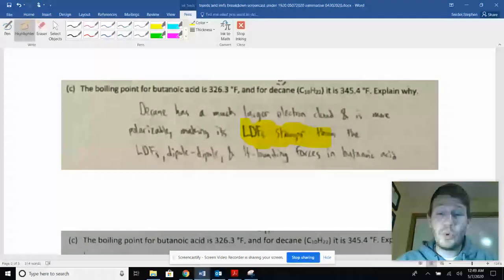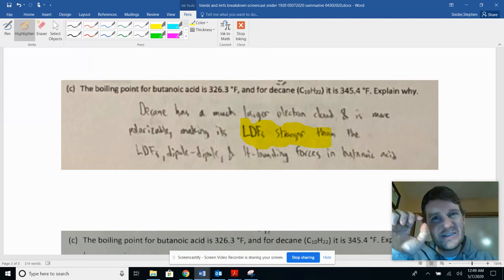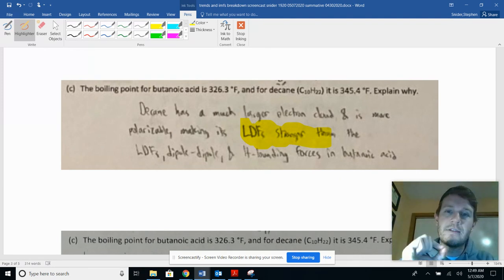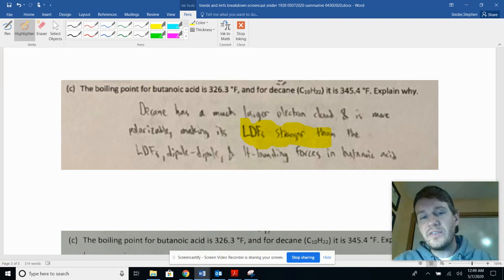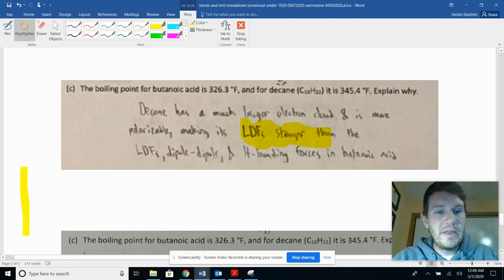That's why we have a larger boiling point. So it fails to really put that nail in the coffin, that last little bit. Stronger IMFs, like the London dispersion forces, are stronger than the cumulative IMFs of the butanoic acid. Thus, it requires more energy, which is why we say it has a larger boiling point. Okay, so we failed in that aspect there.